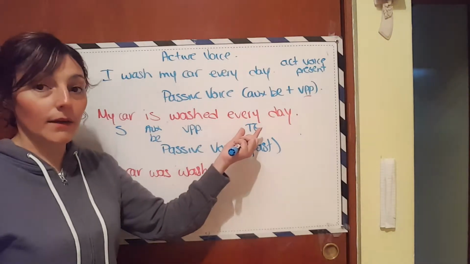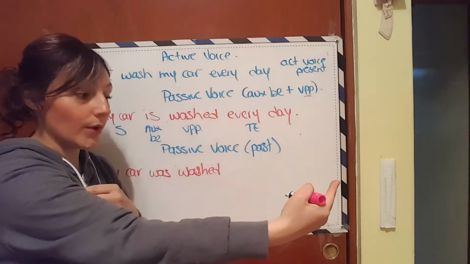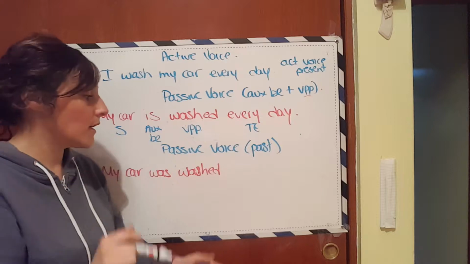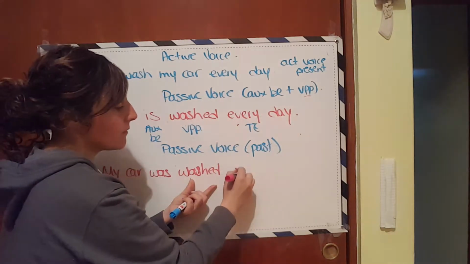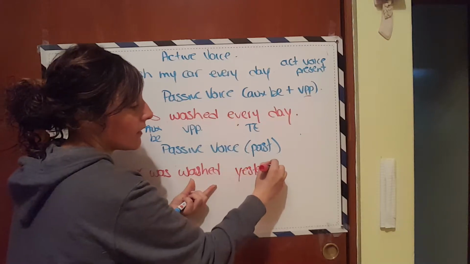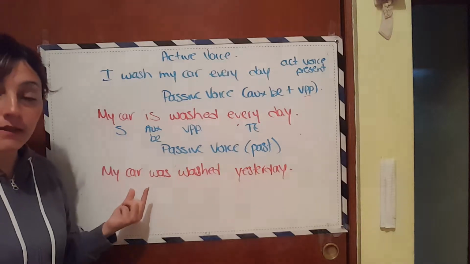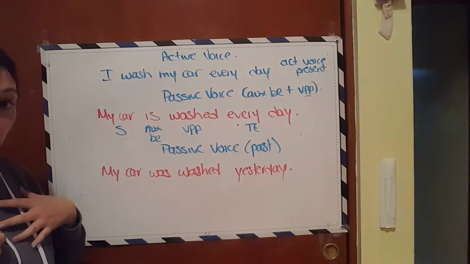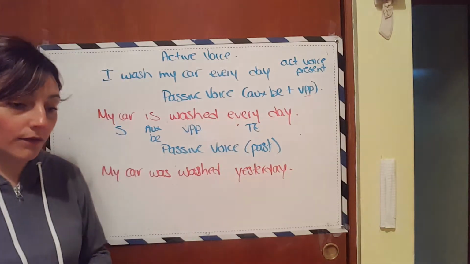Now, I cannot say every day because this is not logical. This is for something in the present, and this indicates something in the past. So I'm going to adapt my time expression. My car was washed yesterday. Right? In this sentence, who did the activity? Do you know? I, my mother, my sister, my boyfriend, my friends?